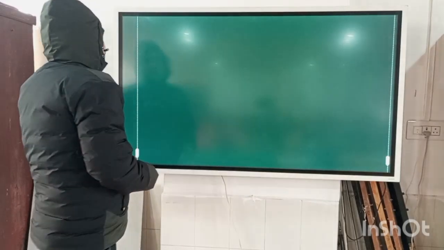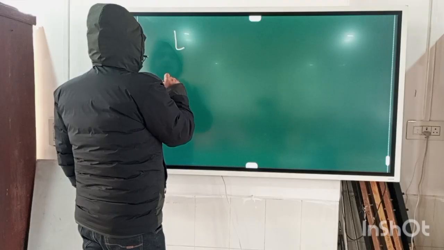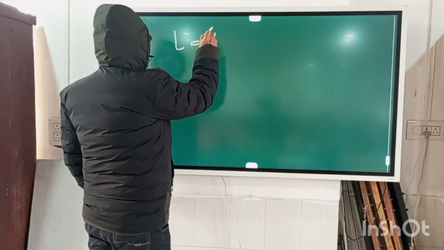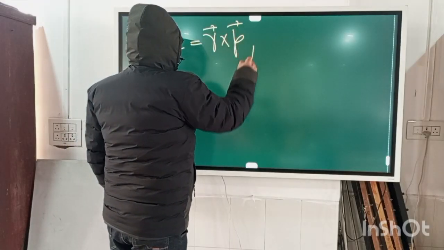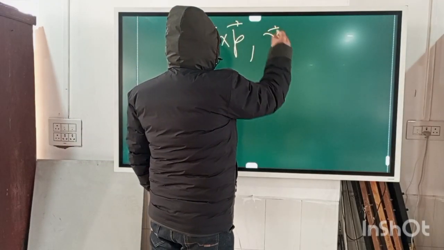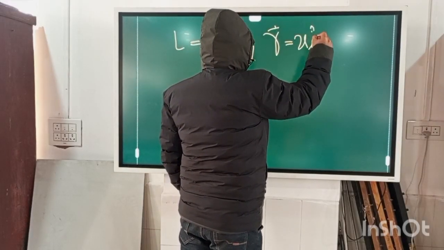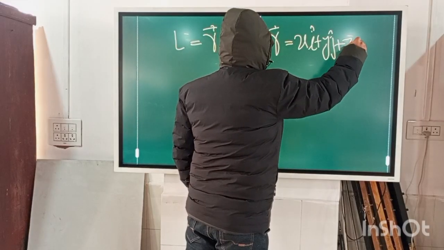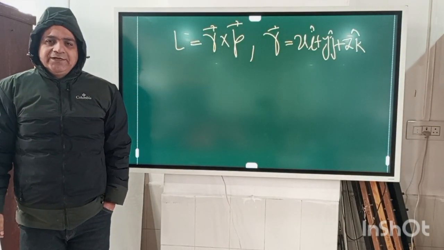In my case, I have L, and this L is the cross product of r and p. For r, I have x i cap plus y j cap plus z k cap. I'm talking about angular momentum in Cartesian coordinates right now.